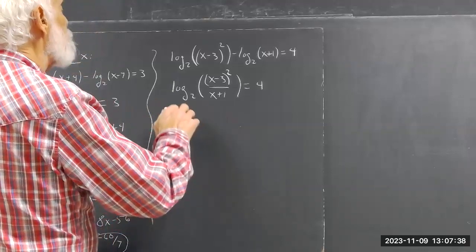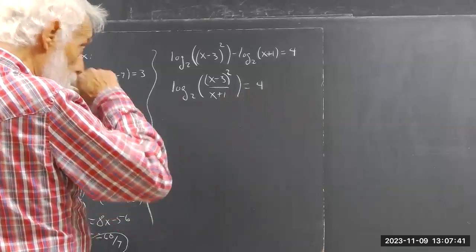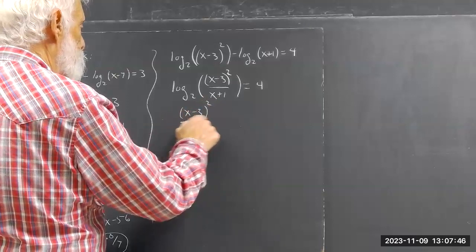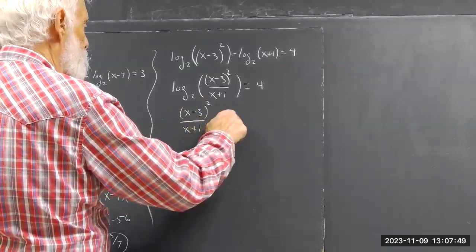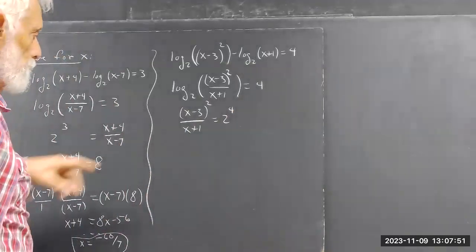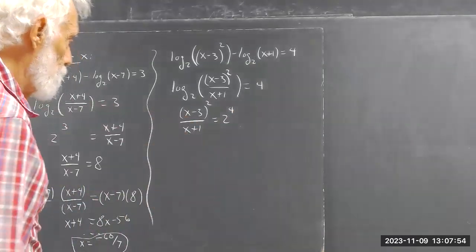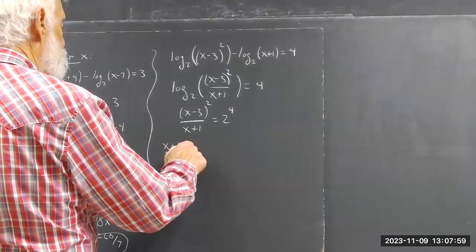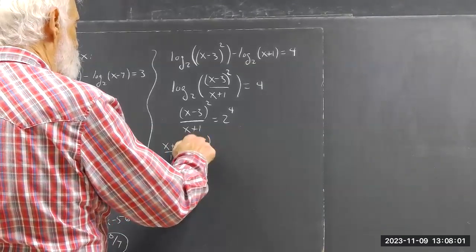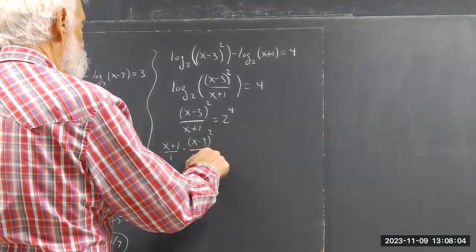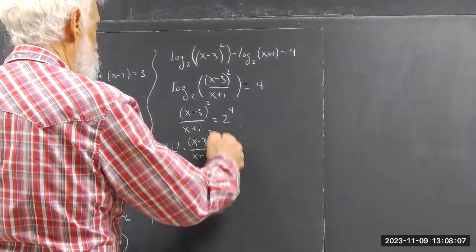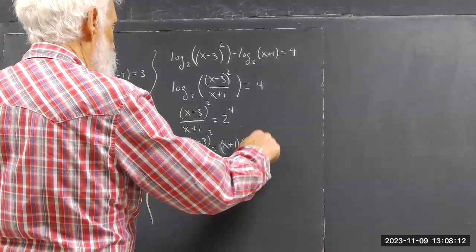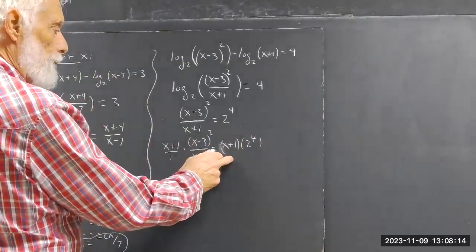Okay. So we have this, and we translate this to exponential form, which is going to tell us that x minus 3 squared over x plus 1 equals 2 to the 4th. Then we multiply by x plus 1. We don't bother writing the 1 as a denominator here.